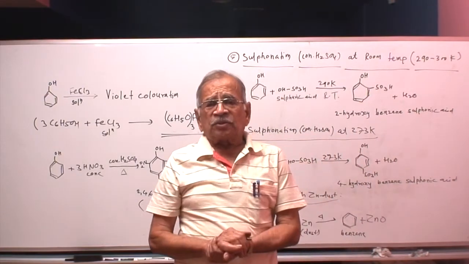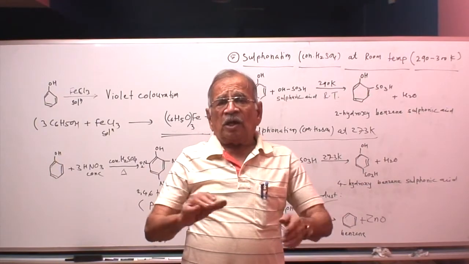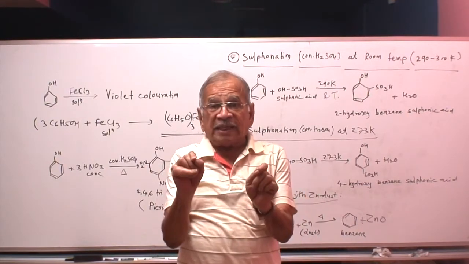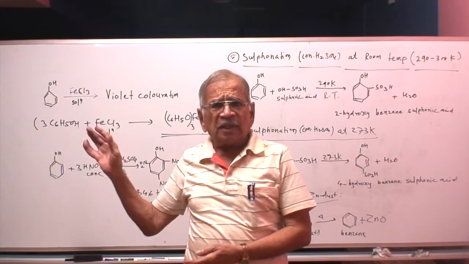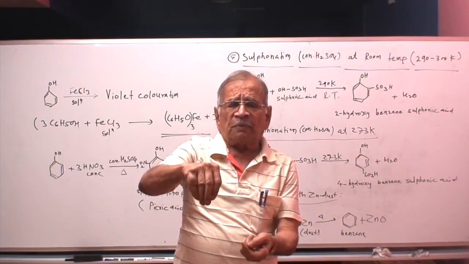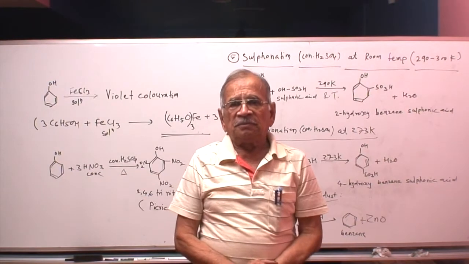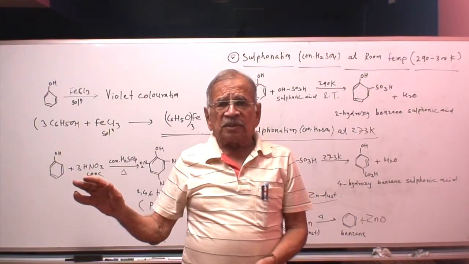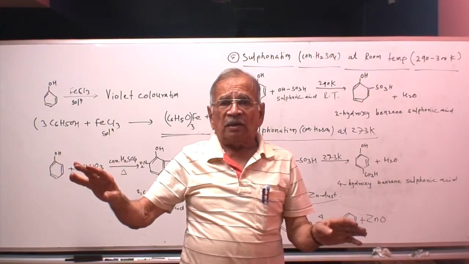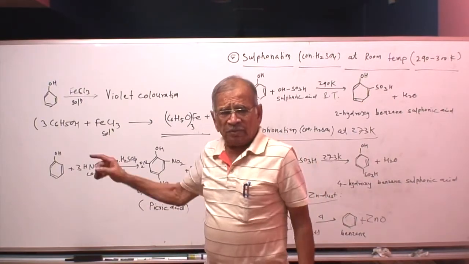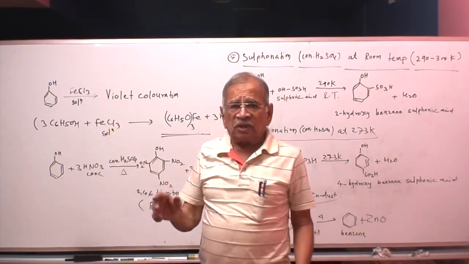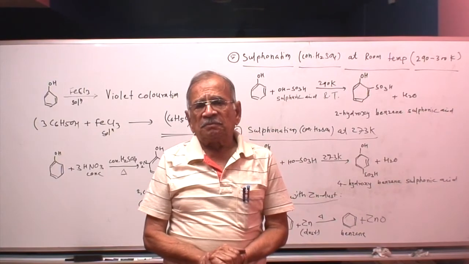There is one more test to distinguish between alcohol and phenol, a chemical test rather. It's a physical test. Just add 2 or 3 drops of ferric chloride, you get violet coloration, say it is a phenol. There is no color test of ferric chloride with alcohol. So from this color test, one can distinguish between alcohol and phenol.